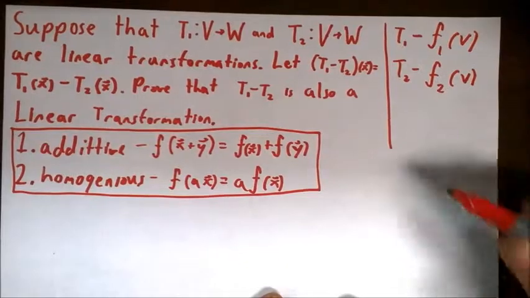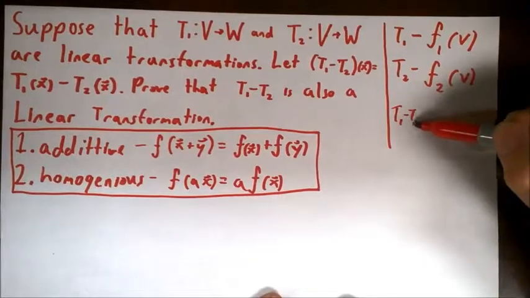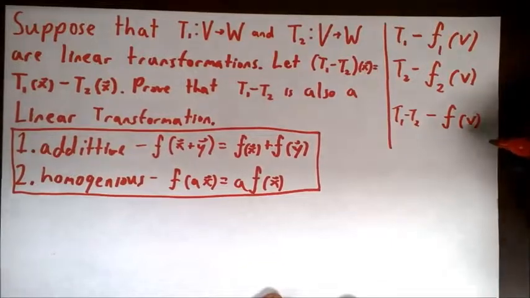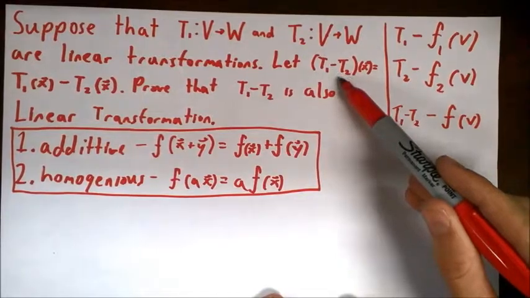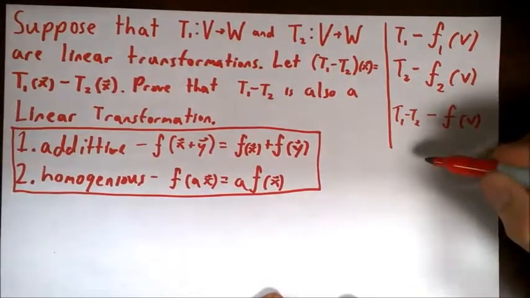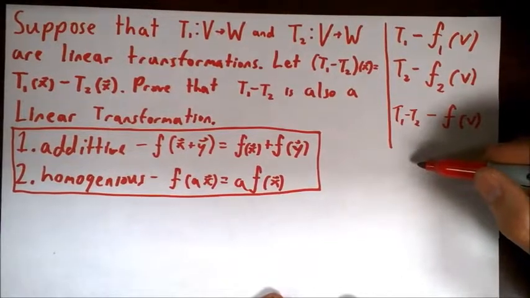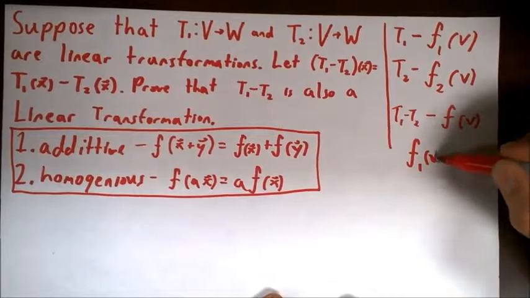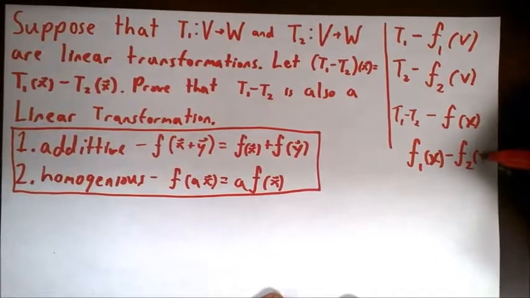And what we are solving for is transformation 1 minus transformation 2, which we will define as just function f of v. We know that this equals transformation 1 of x minus transformation 2 of x, because that's what we defined, which is the same as saying the function f1 of x minus the function f2 of x.